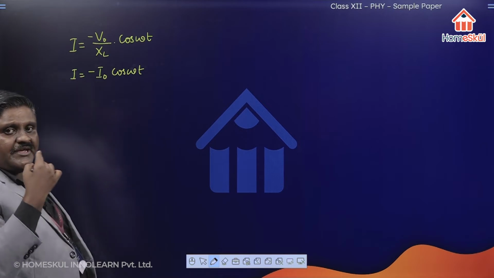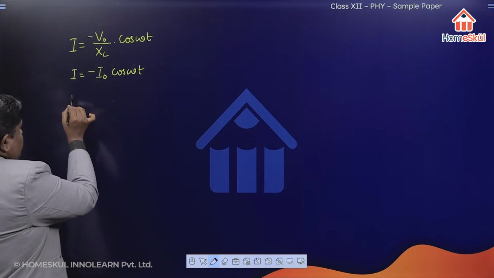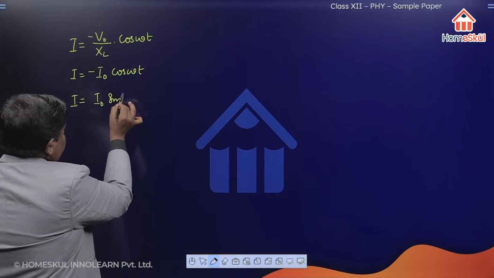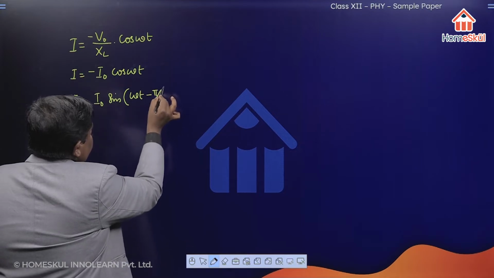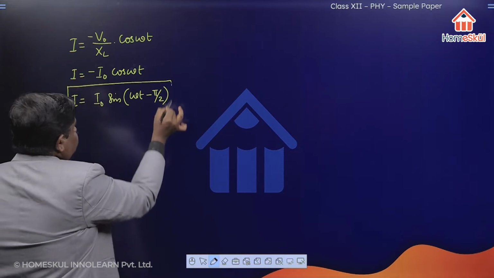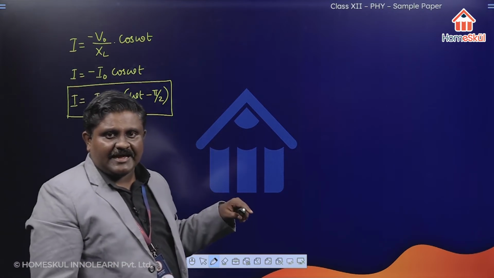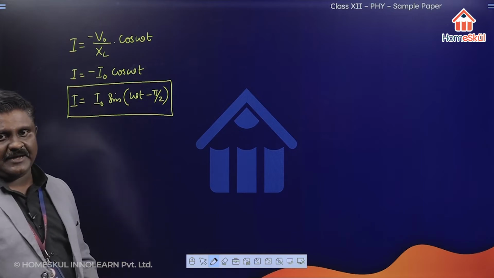Here we have to change that cosine term into a sine term. Then we get I is equal to I0 into sine of omega t minus pi by 2. So from this equation, it is clear that the current lags behind the EMF by a phase of pi by 2.